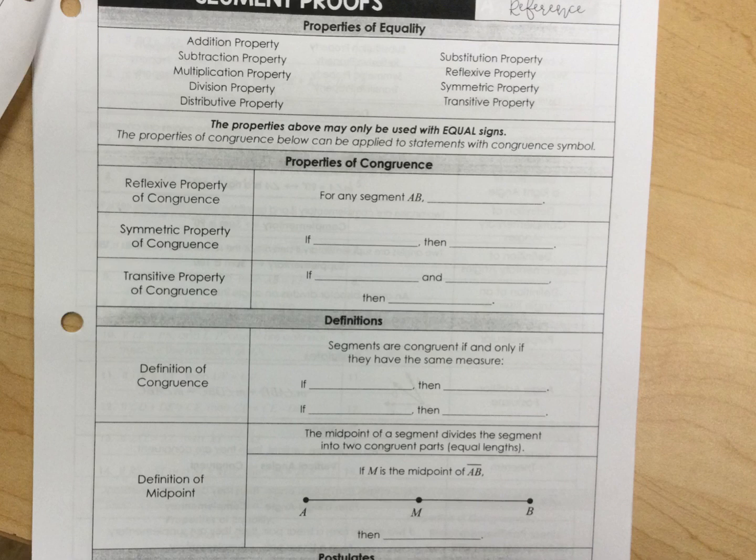So instead of 3 equals 3, we're gonna say angle A equals angle A, and so on like that. So reflexive property of congruence would be, let's say for segment AB, segment AB is congruent to segment AB.